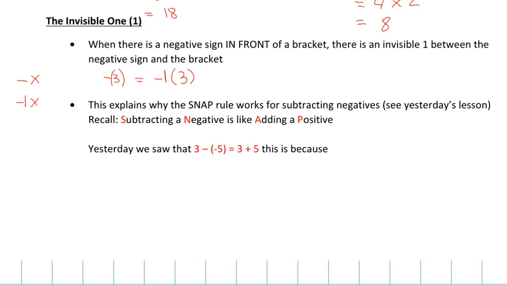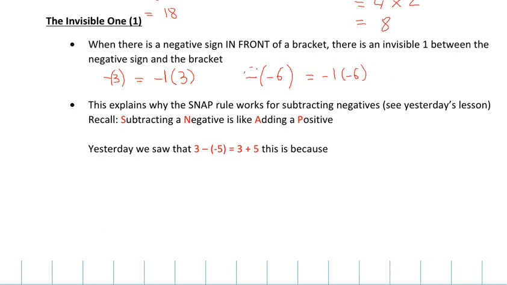Now, how about if I have this? Negative, bracket, negative 6. That's the same thing as writing negative 1 times negative 6, correct? Because this is a negative 1 multiplied by a negative 6.